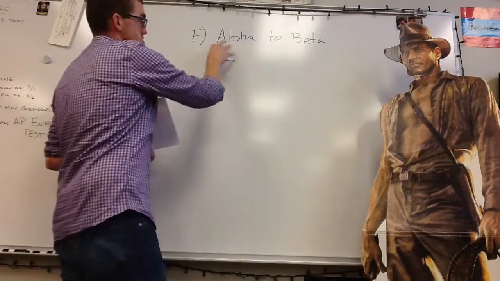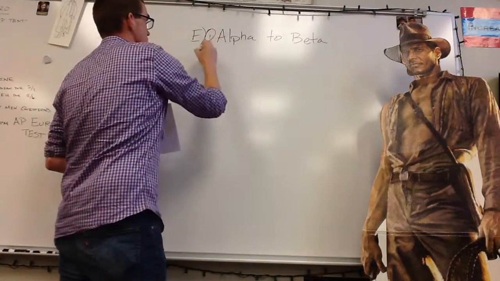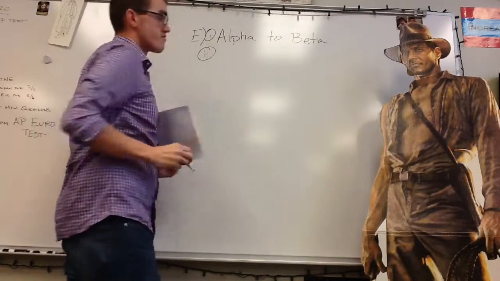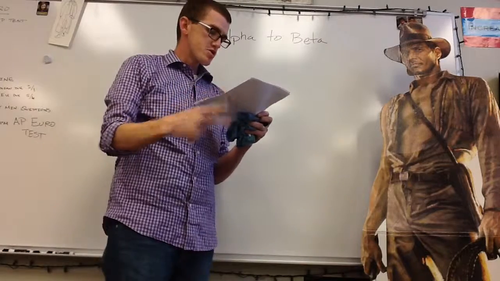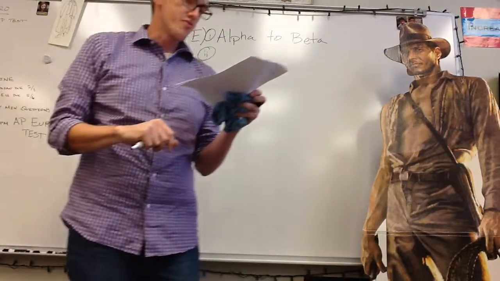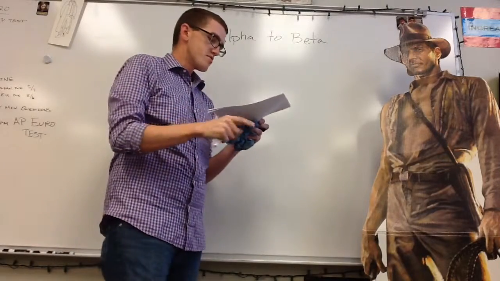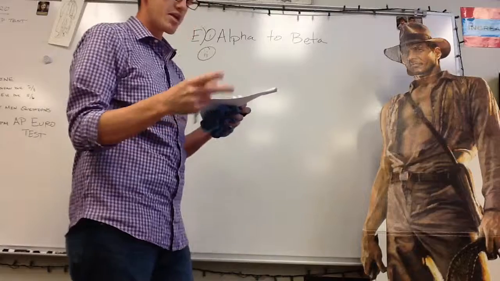All right. This will cause things to happen on the Forex graph as well as the balance of payments. All right. 2 says, will the value of alpha's currency on the foreign exchange market relative to beta's currency appreciate, stay the same, or depreciate, and explain?